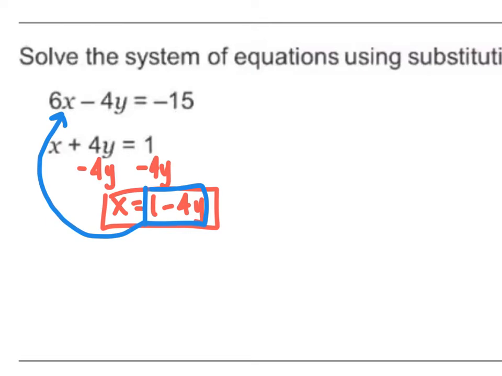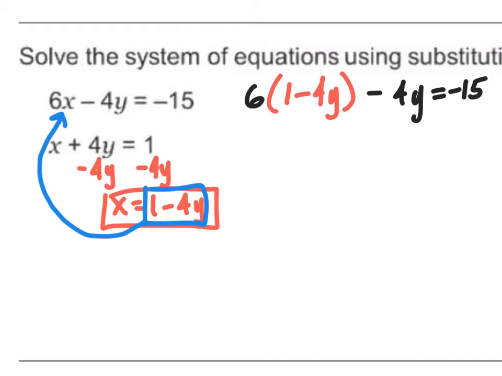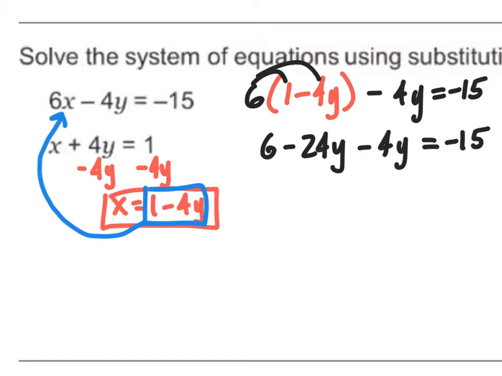So I'm going to get 6, and instead of writing x, I'm going to write what x is equal to, the quantity 1 minus 4y. Then I'm going to subtract 4y, and set that equal to negative 15. If I multiply out the 6, I get 6 minus 24y minus 4y, and that's going to equal negative 15.